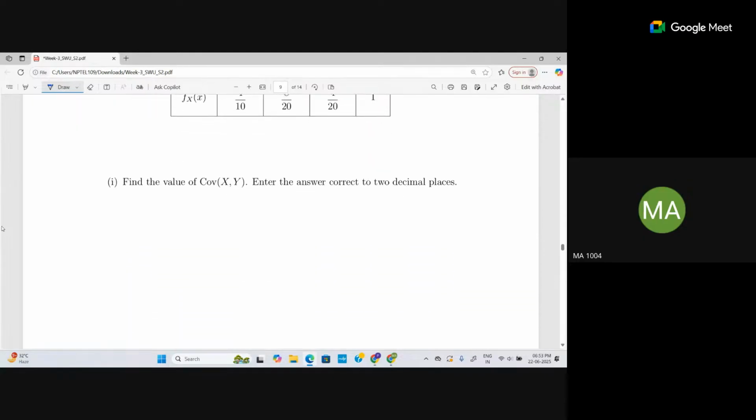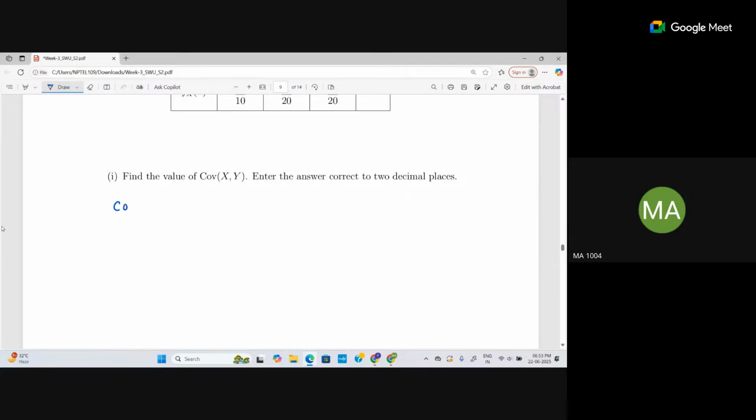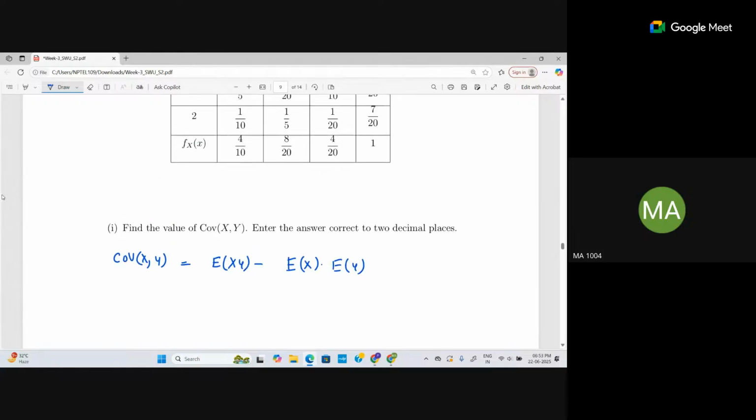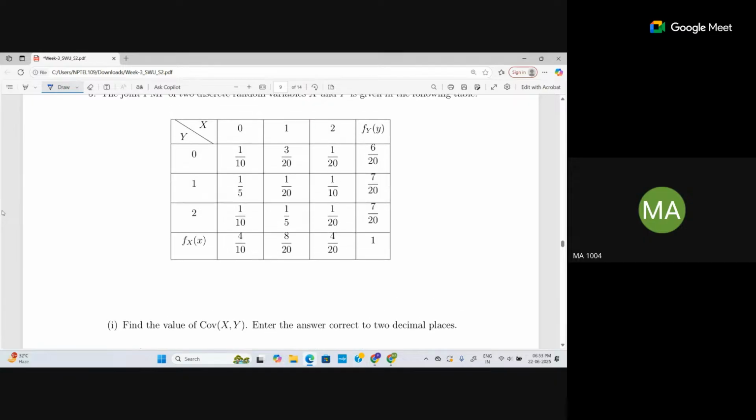So the formula for covariance, we all know that covariance is expectation of xy minus expectation of x into expectation of y. So we have to calculate the expectation of x and expectation of y separately and then expectation of xy together. So by using the table, you have to calculate it.